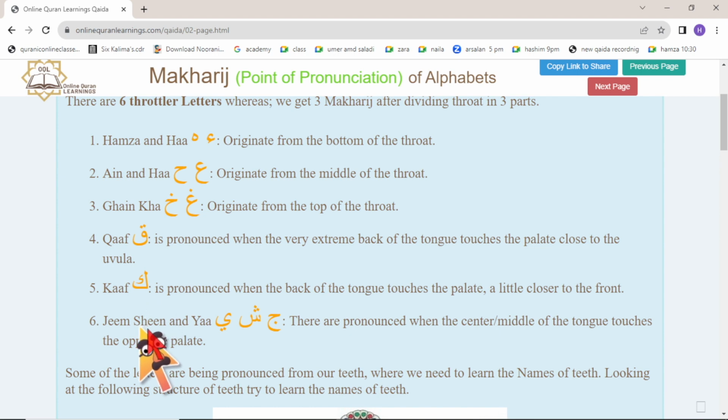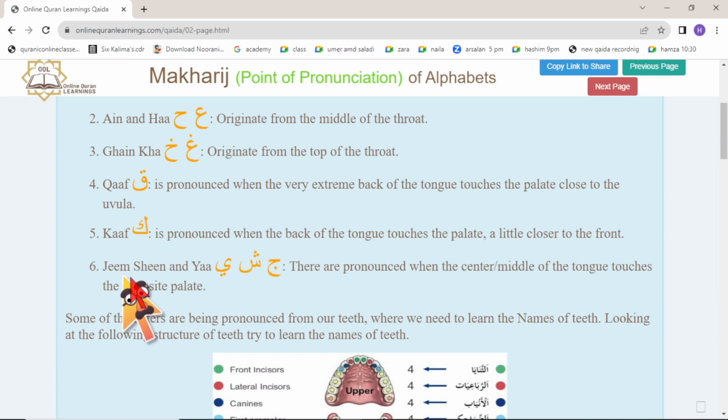Next is the makhrij of Jim, Sheen, and Ya. As we discussed, some letters have the same makhrij, so these three letters share the same makhraj.